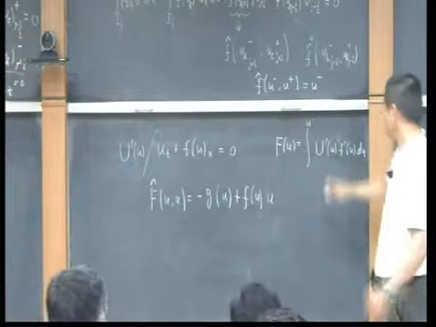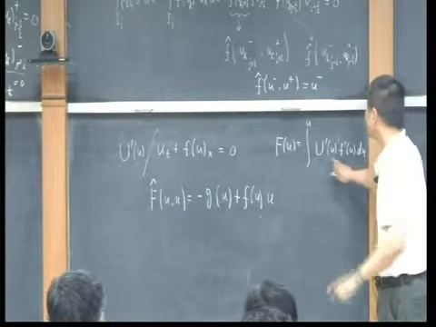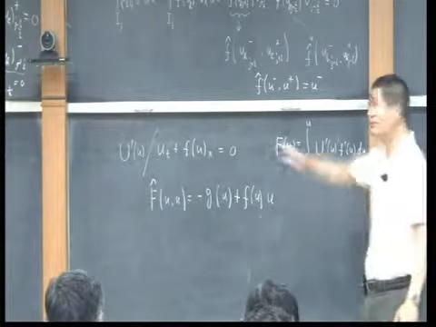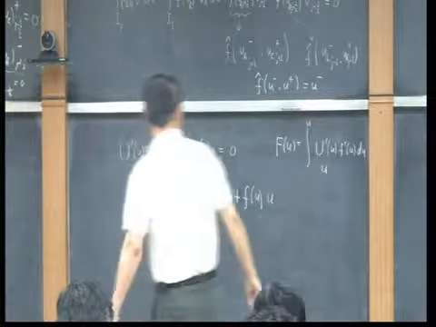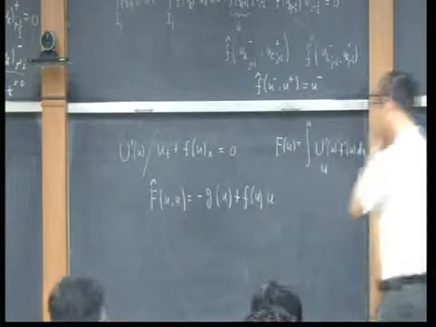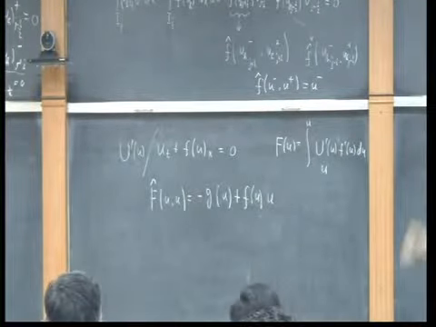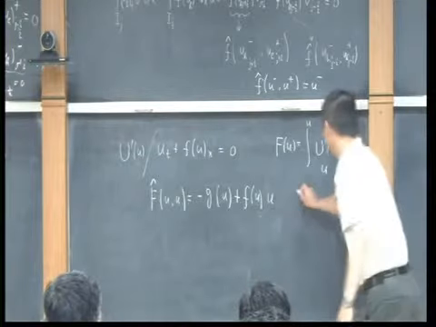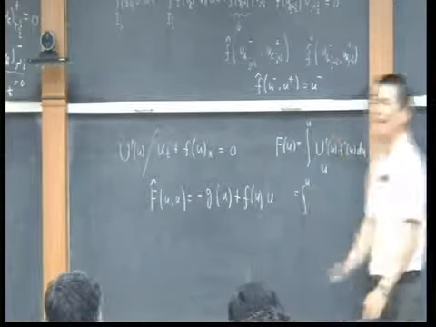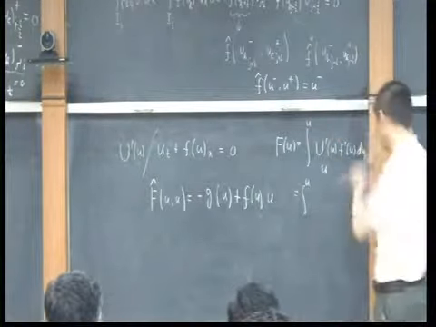Is this equal to this? This U prime of u is small u, because capital U is the special flux, u squared over 2. They don't look exactly the same, but okay.